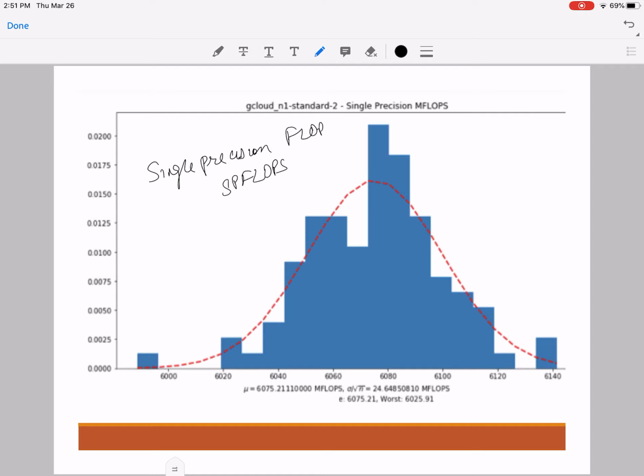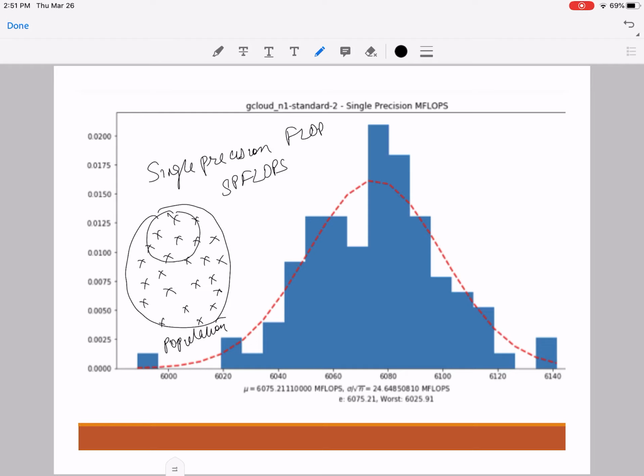So what my research group did, they benchmarked this instance to construct a population of a vast number of floating point performance values. They constructed a population of 100,000 data points, and further, they constructed several samples out of it, which are subsets of this population, each sample comprising 100 points, and they obtained the averages.